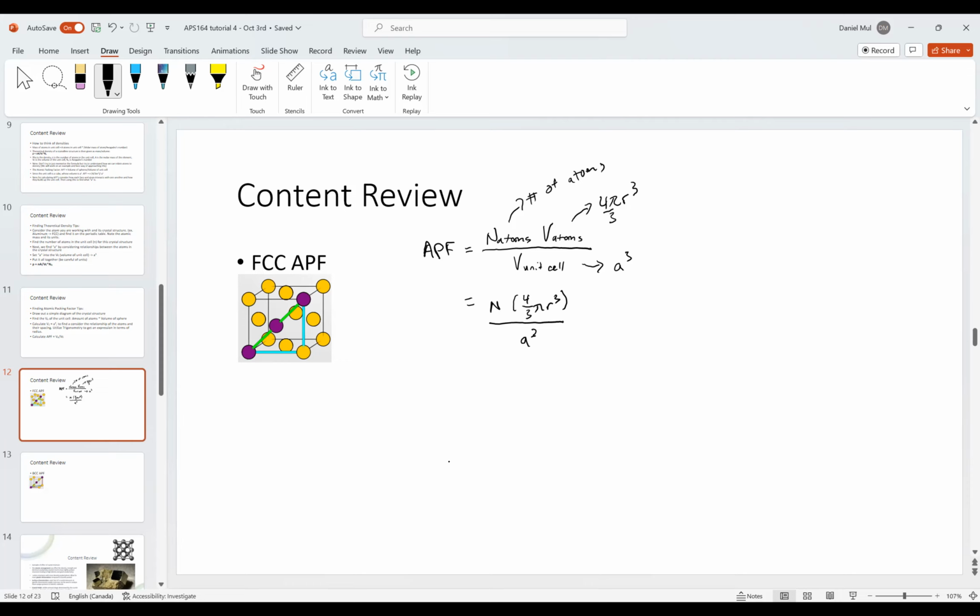So we look at our diagram here. We have this diagonal face, or this triangle that we can build, where we have the purple atoms here and then the one in the corner. Since every face is exactly the same, we only need to consider this one face. So we have to find out how this relates to r.